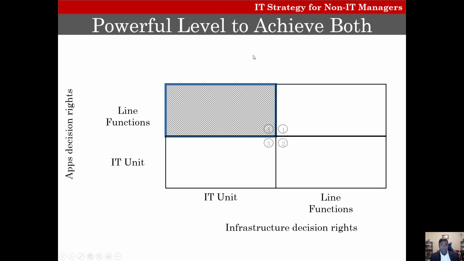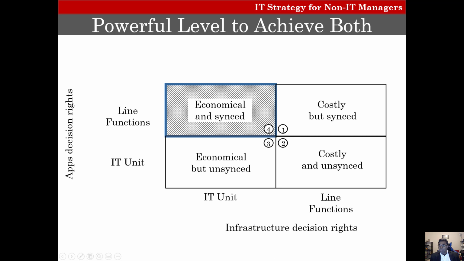So let's take an example here. And as you can see, when infrastructure decisions are with line functions, it becomes costly. And when application decisions are with IT units rather than line functions, it's unsynchronized. It is when infrastructure decisions are with IT units and application decision rights fall with the line functions that you have an economical and synchronized structure.